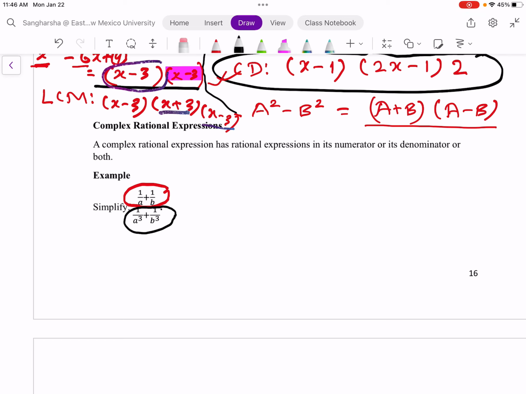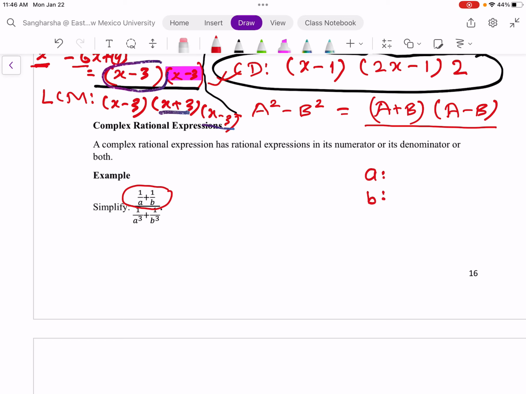Let's keep simplifying for a while, but before simplifying we need to know how to find the common denominator. So let's take this numerator first. In this numerator, can we add 1 over a and 1 over b? We need to have a common denominator, right? So can you find the common denominator for a and b?